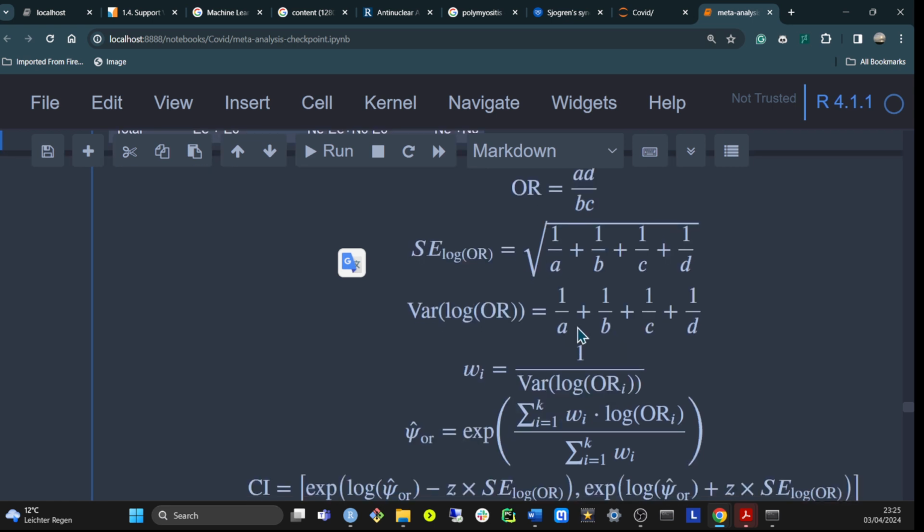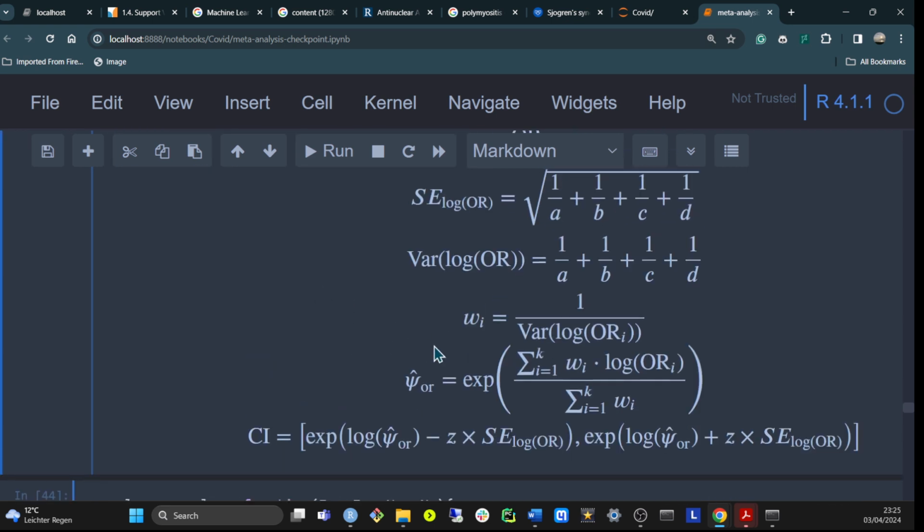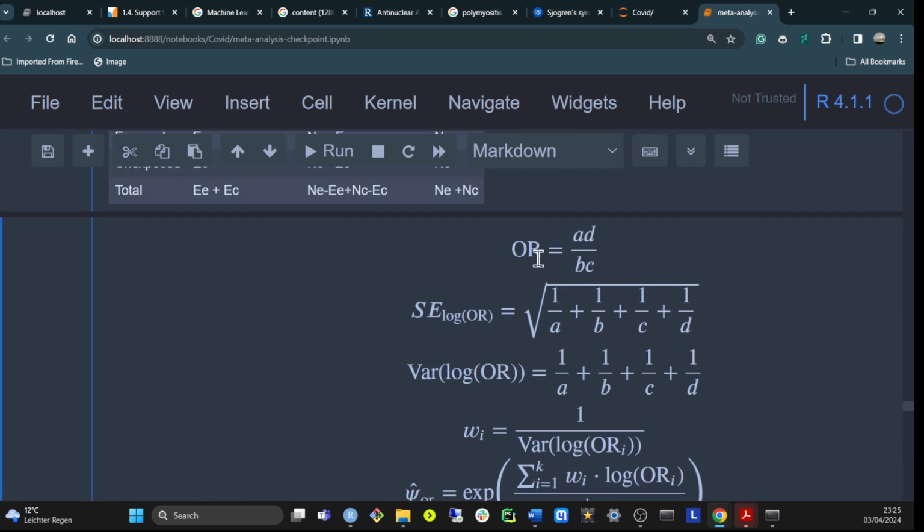So the expected value for this EE is calculated by multiplying NE times EE plus EC, divided by the total number of people. That's how you calculate the expected value.